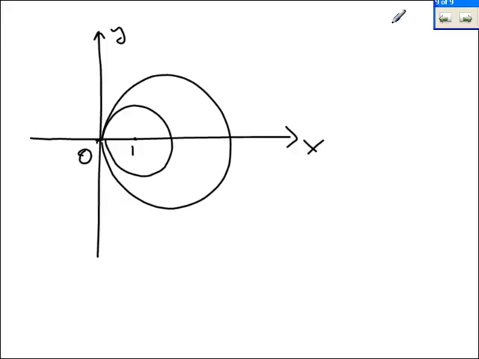You have P, you have Q, you have the center of the bigger circle at R, and S. So P is the center of one circle, R is the center of the other circle, and Q is right here. That didn't seem to come out well. And you were told some facts. P is at 0.